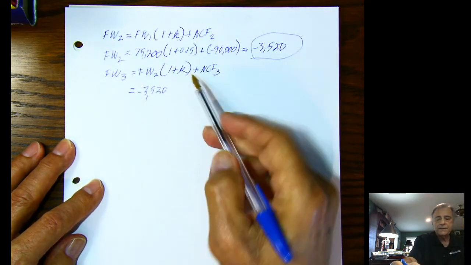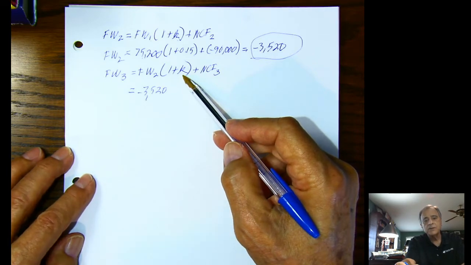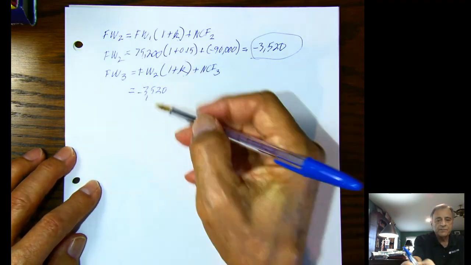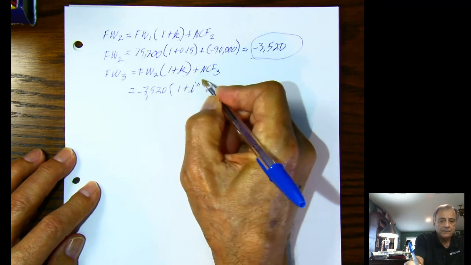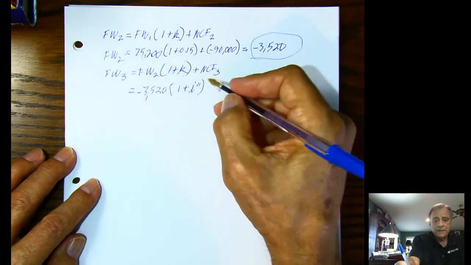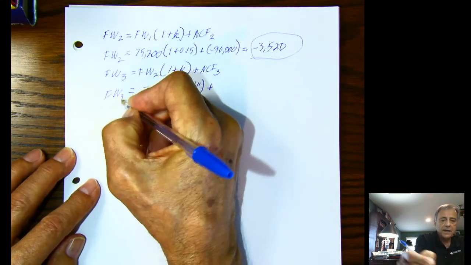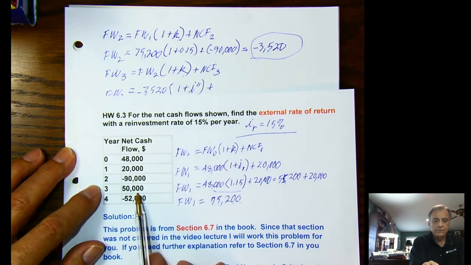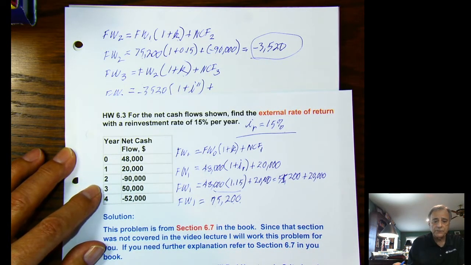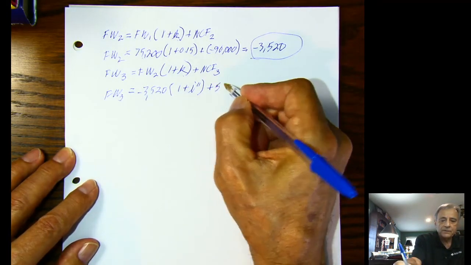So that means this K value is going to be our external rate of return, I double prime. So this is going to be 1 plus I double prime, which is an unknown, plus the cash flow at time 3, which is plus $50,000.